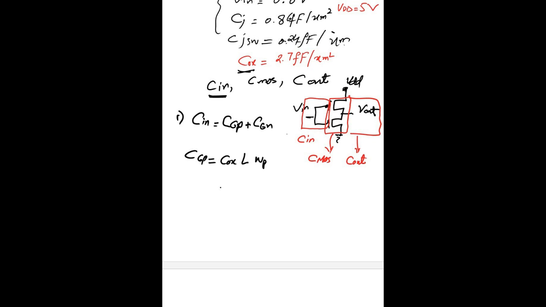If we put all the values here, the values are 2.7 into 10 power minus 15, and then L is equal to 1 micrometer, that is 10 power minus 6, and then our WP is equal to 8 into 10 power minus 6. This quantity is for our PMOS, so we are only talking about our PMOS design.